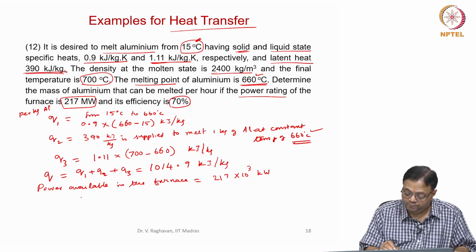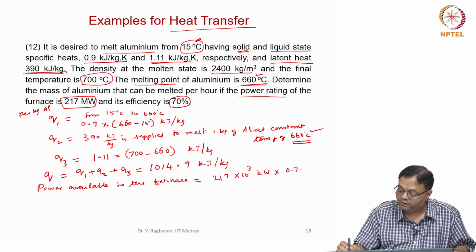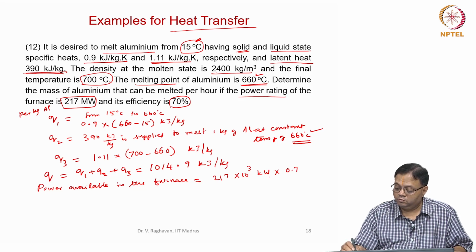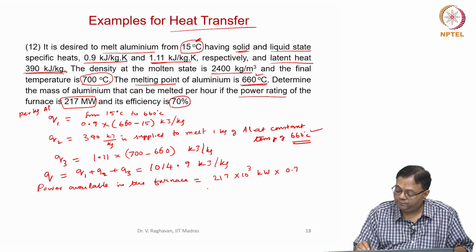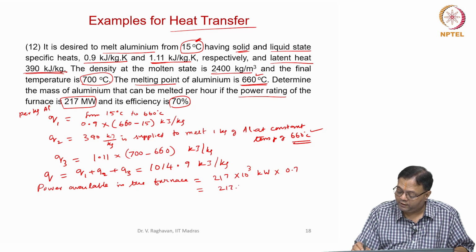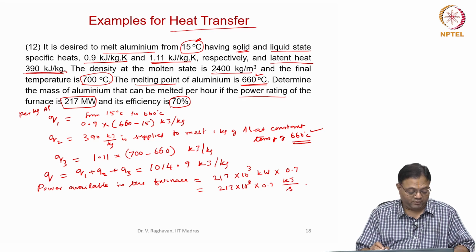That means into 0.7. So that means 217 into 10 power 3 into 0.7 kilojoule per second. That will be the power.